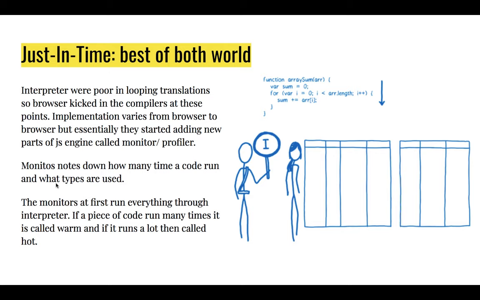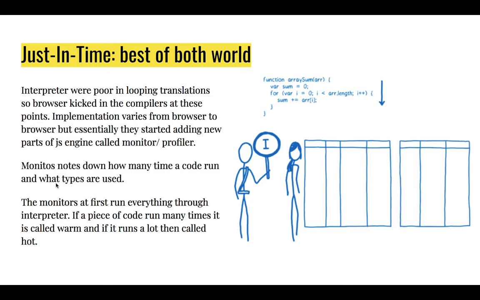As a piece of code starts to run many times, it is said to get warm. The monitor or profiler knows this. As a piece gets warm or runs a lot, it will be called a hot piece of code.